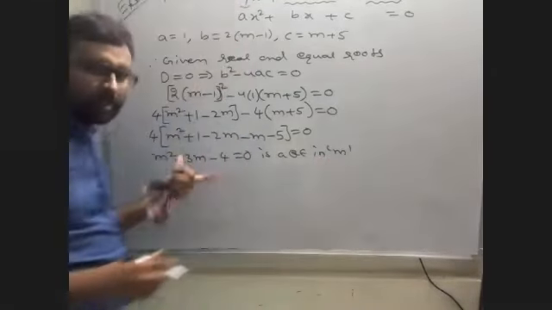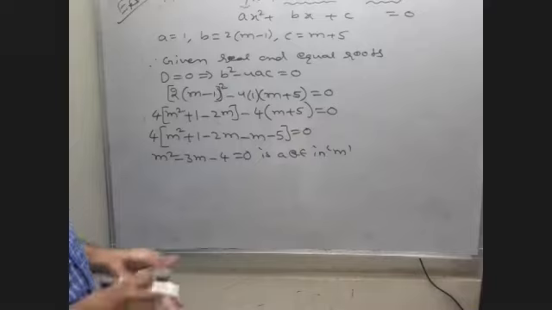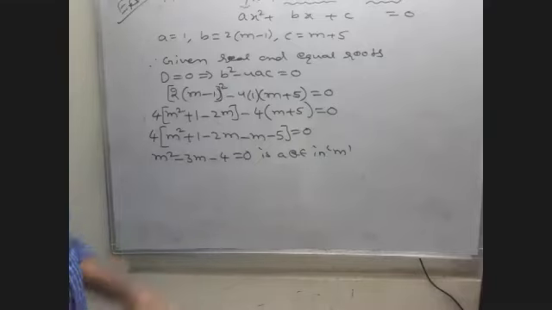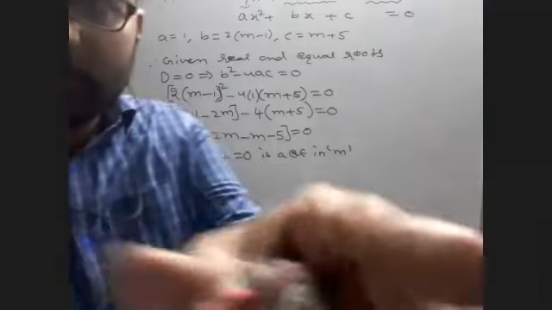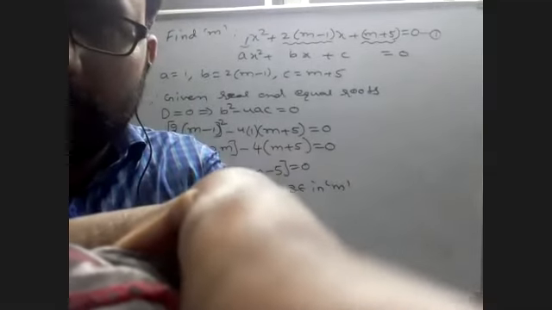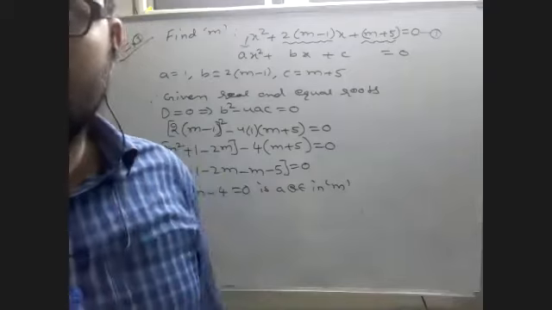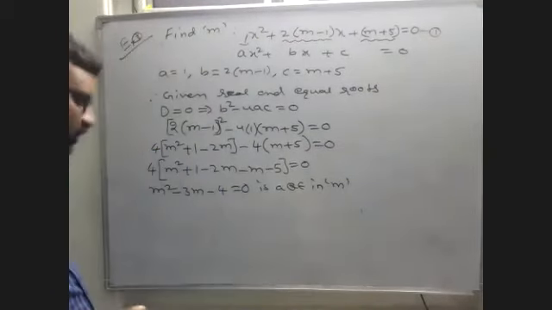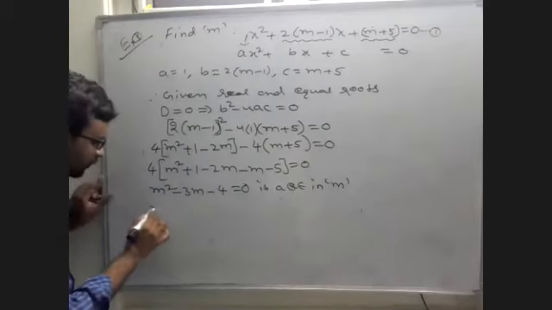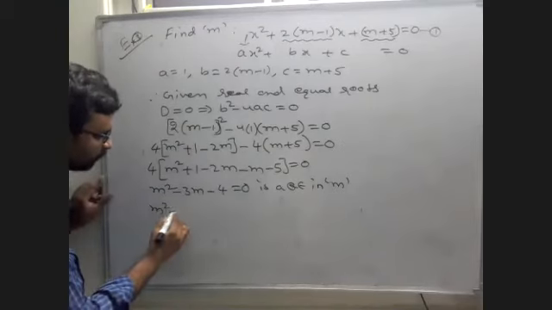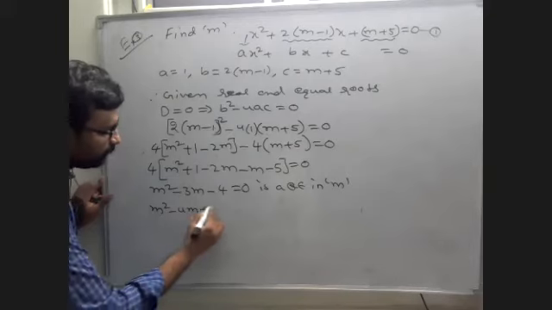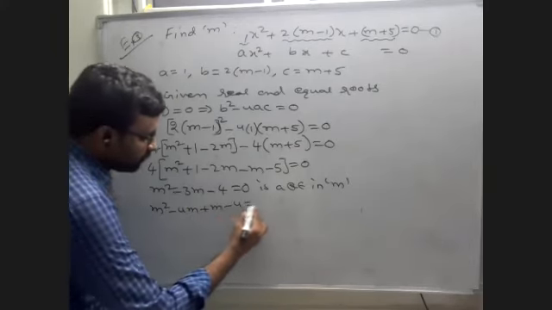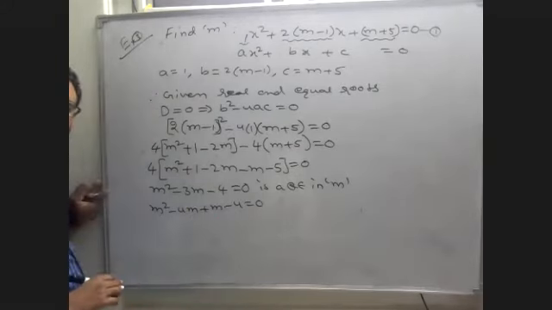Now find the roots of this. By using factorization, we can find the roots. That is m square minus 4m plus m minus 4 is equal to 0.